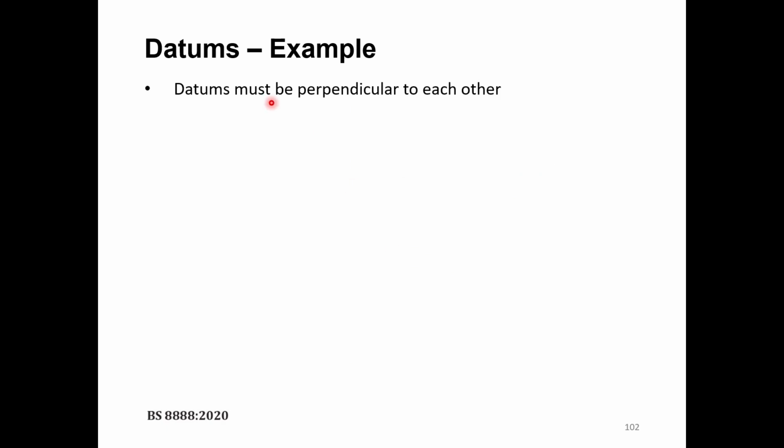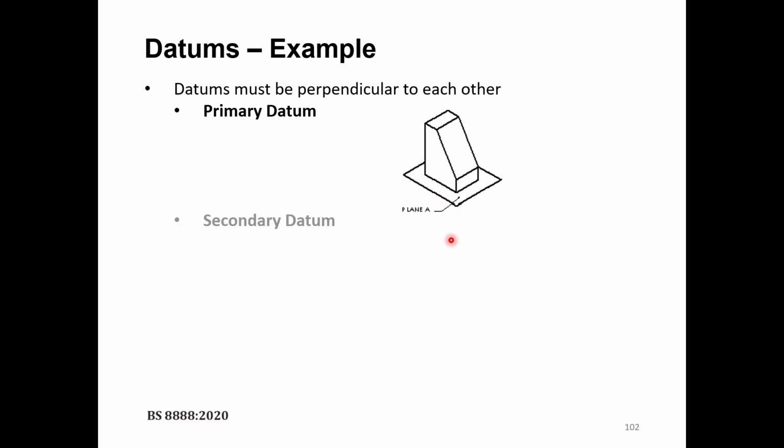Datums, if we use datum A, B, and C, primary, secondary, and tertiary datums, they are normally perpendicular to each other. So for example, if we have this part and we use the bottom surface as plane A, as datum A, we can say that datum B is going to be perpendicular to datum A. So plane A here and plane B are perpendicular to one another.